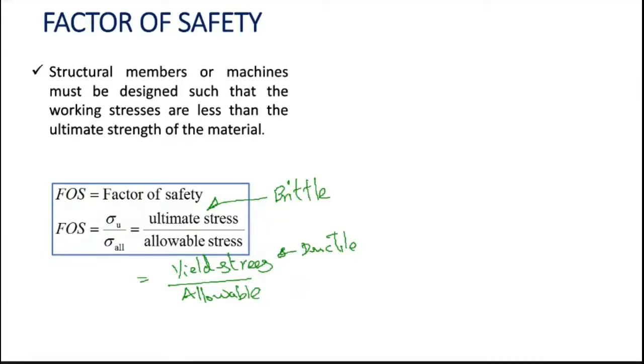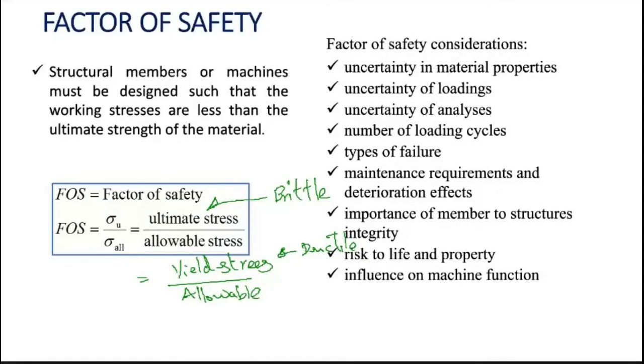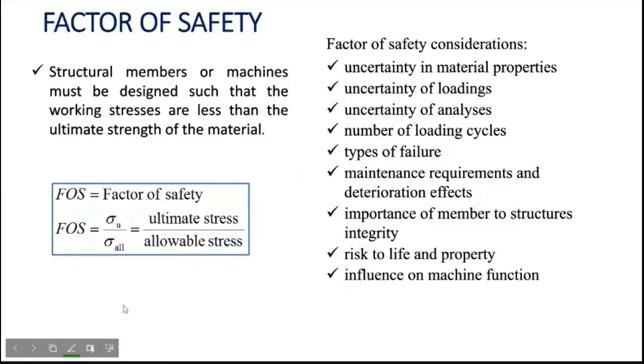So how to use this factor of safety? These are the considerations to identify your factor of safety. It is very, very important. You can't just take some value and put that as a factor of safety. There are some considerations, right?